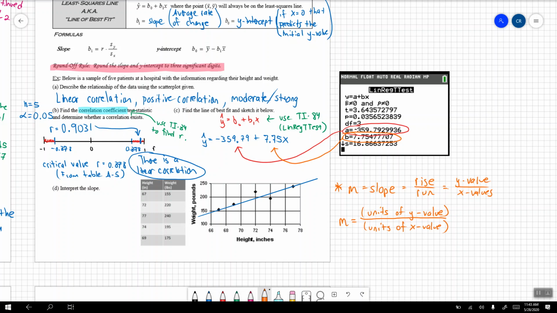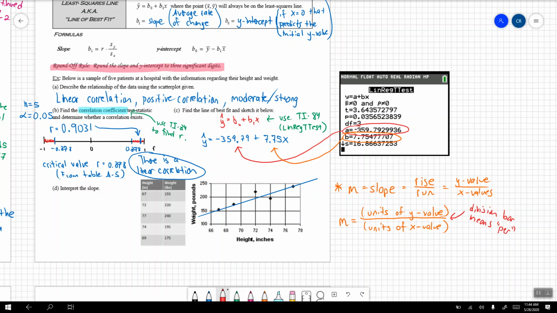The division bar is going to mean per. Not the cat purr, but per, as in miles per hour.